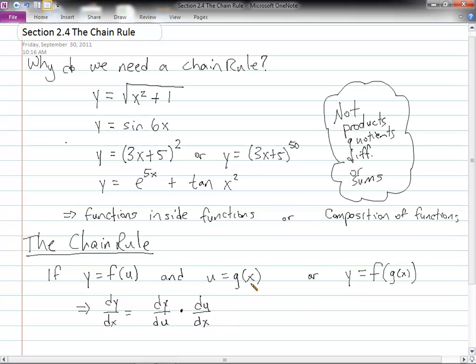Well, what is u? U is that inside function. Okay? Or, thinking of it like this guy over here on the right, if I wanted to take the derivative of f of g of x, in essence, what you do is you take f prime, leave g of x inside of it, and then multiply this by the derivative of g.